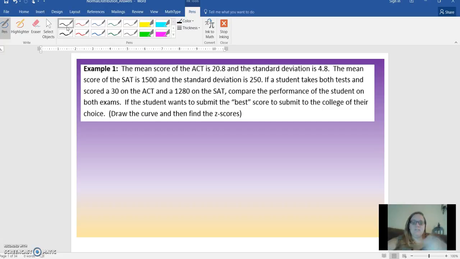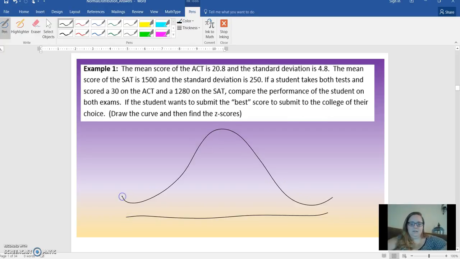All right, so first thing I want to do is just draw the ACT. Mean score of 20.8.